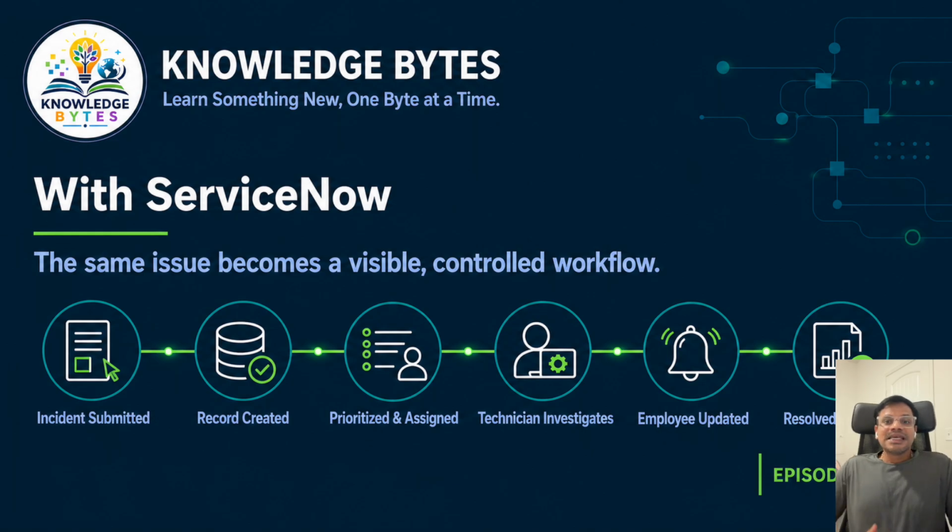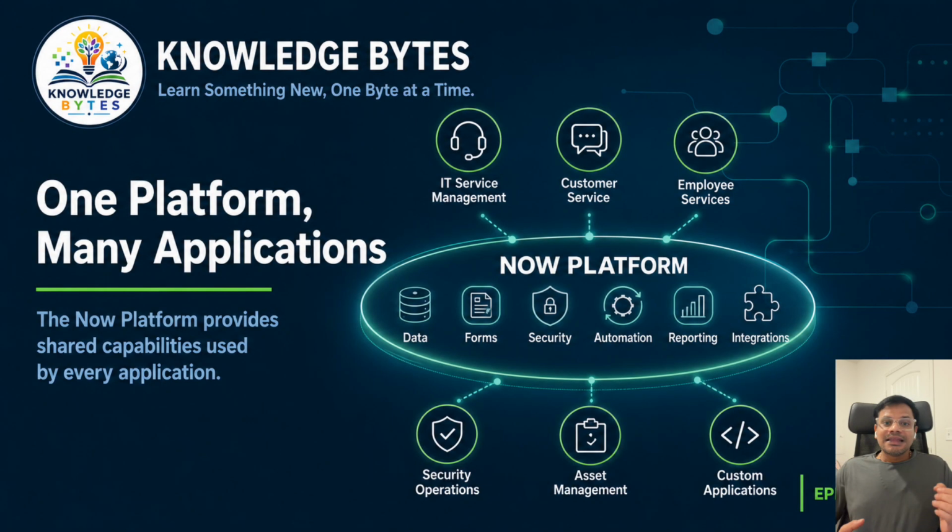ServiceNow supports these workflows through a common platform. The shared foundation is called the Now platform. The Now platform provides common capabilities that applications can use. These capabilities include data storage, forms, security, automation, reporting, and integrations.